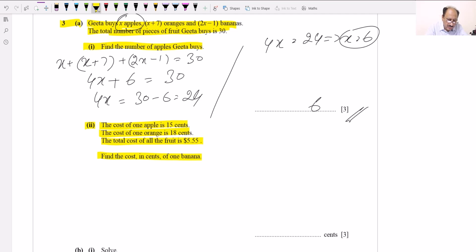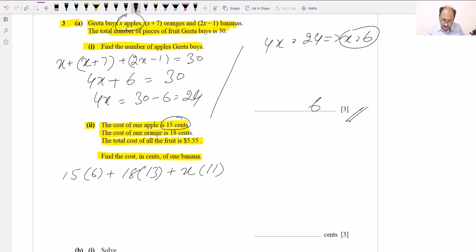So what we can do, we will multiply 15 cents by the apples, so we know 6 apples, so 15 multiplied by 6 plus 18 multiplied by x plus 7, so 6 plus 7 will be 13, so 18 into 13, and plus the bananas we don't know, so it will be x into 11 bananas.